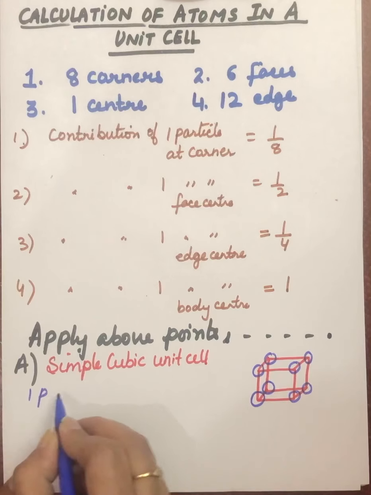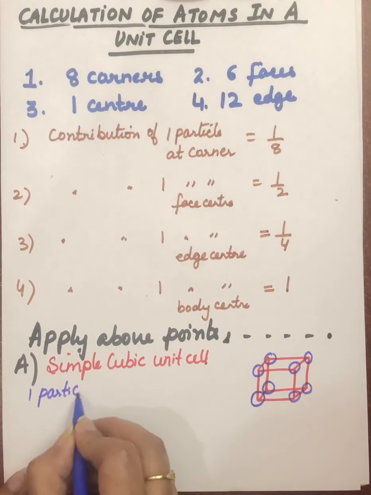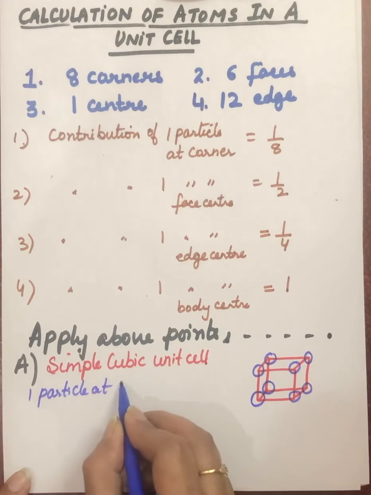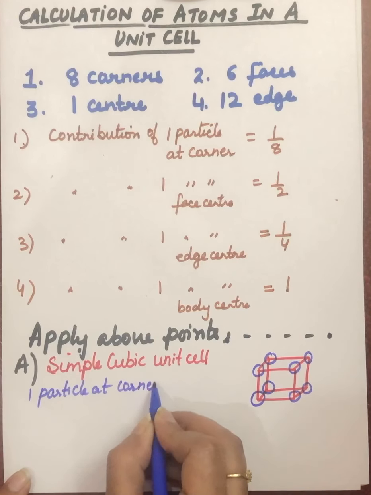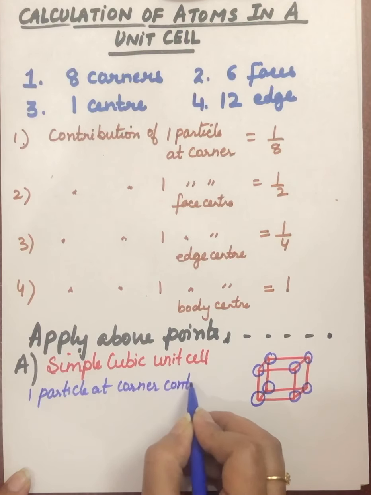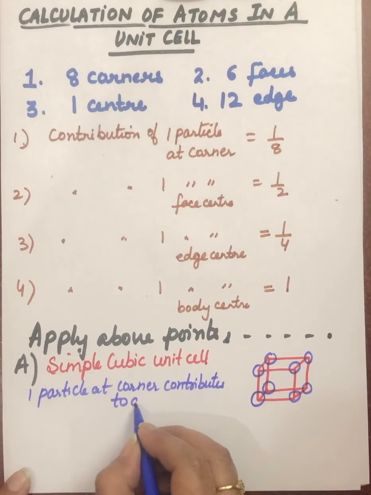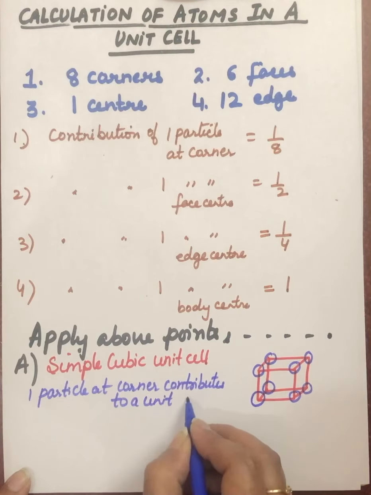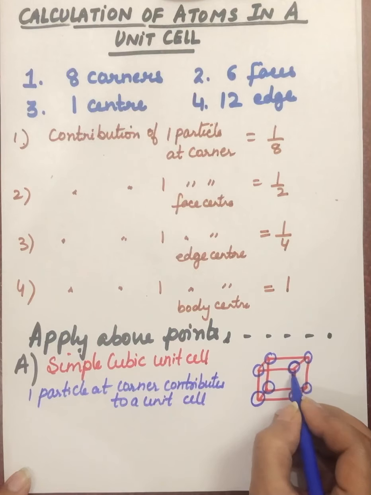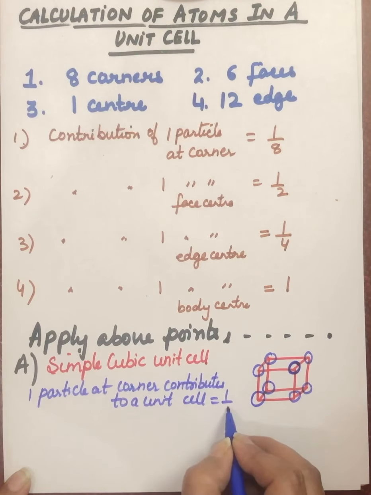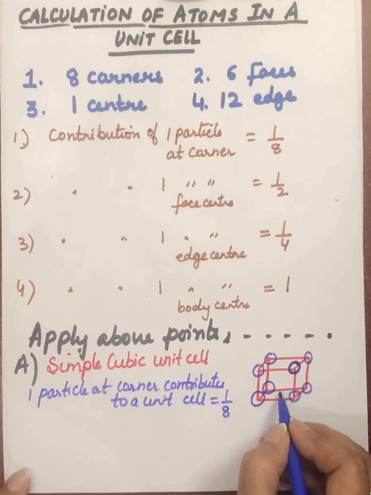But one particle at a corner contributes to one unit cell. How much? Each of these particles here at the corner is contributing its 1 by 8 to one unit cell.